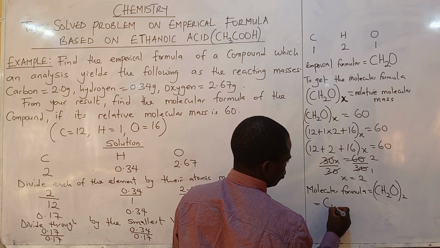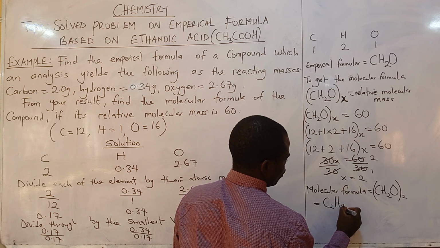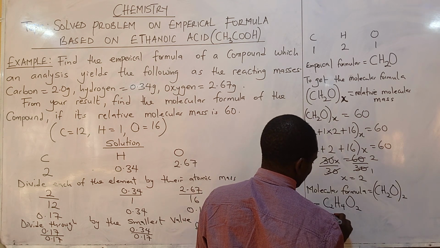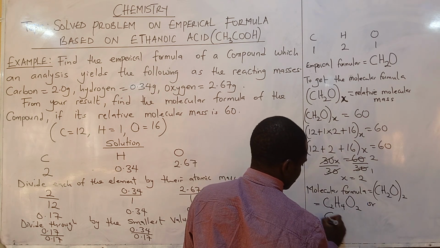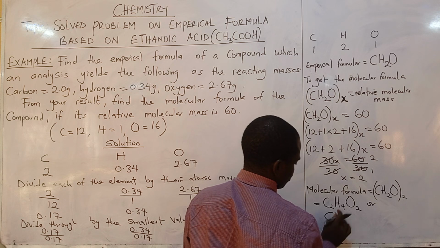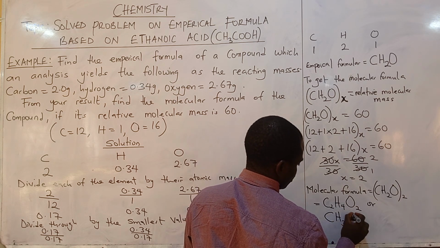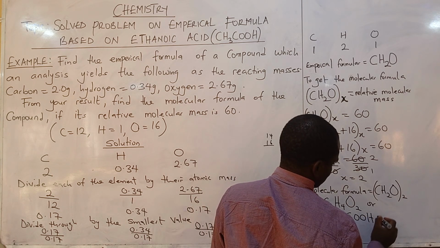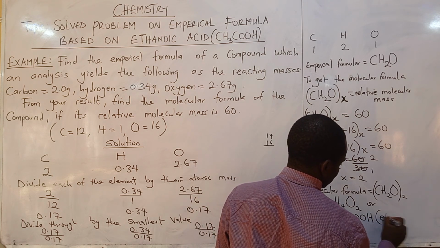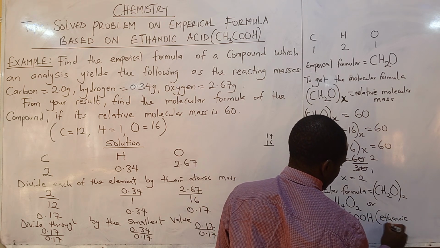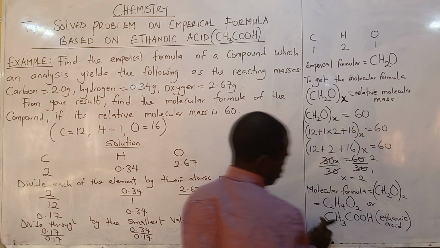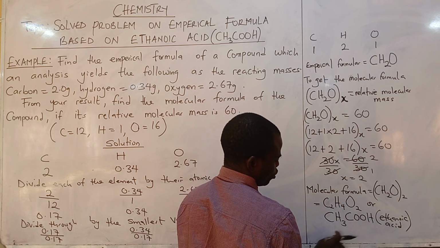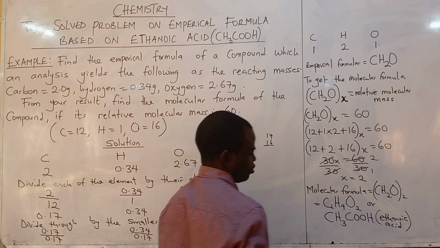That's C2H4O2, which is also equals to, or you write it like this, CH3COOH. The same thing, which is ethanoic acid. The carbon is 2, 1, 2, hydrogen is 4, 3 plus 1, 4, oxygen is 2.